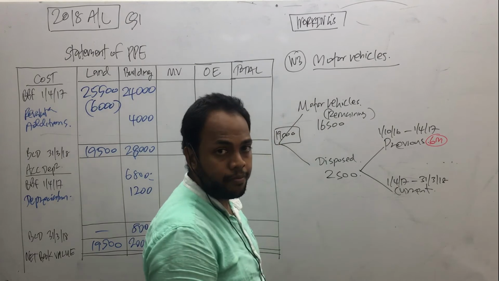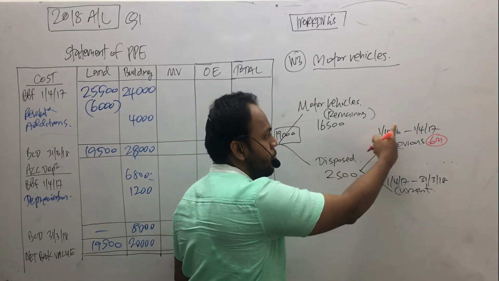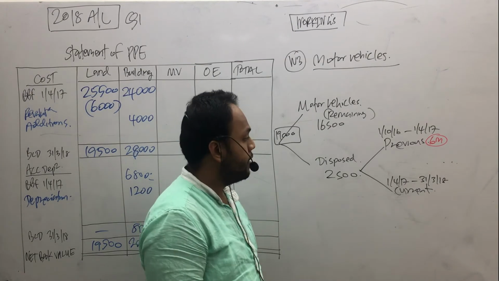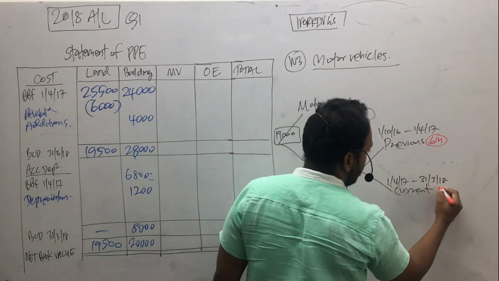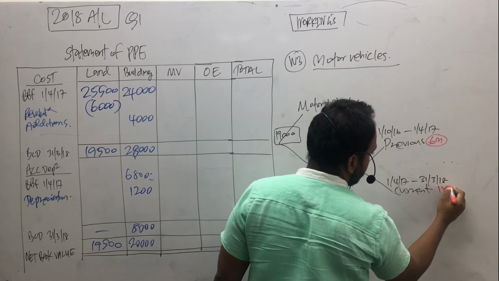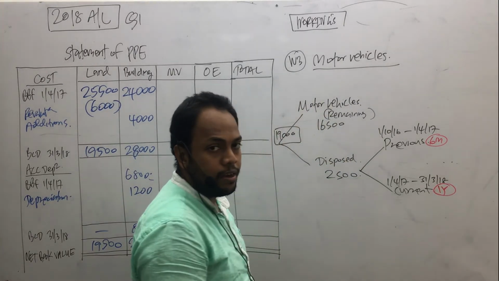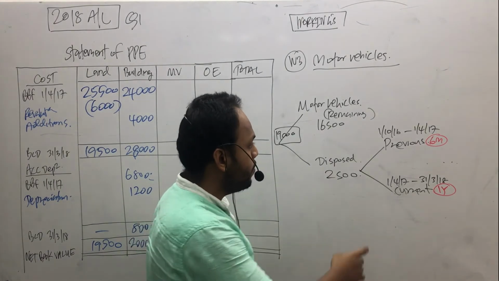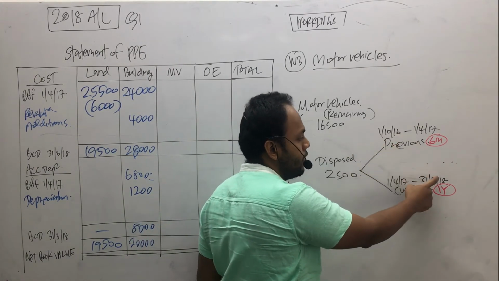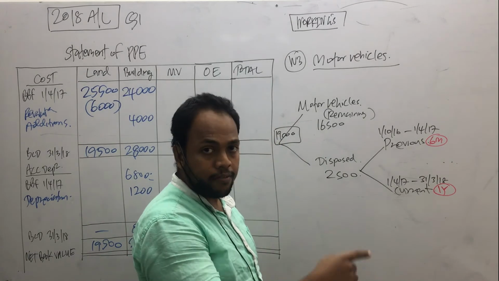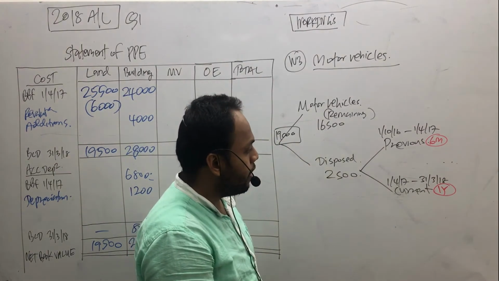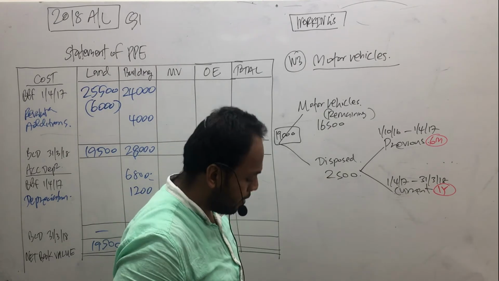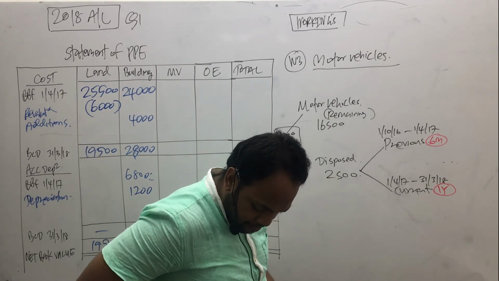Previous, right? 1st October to 1st of April, that means 31st March. Current year we have used it for 1 year. So total, from 1st of October 16 to 31st March 18, 1 year, then there is another 6 months. Right, so let's calculate the depreciation.